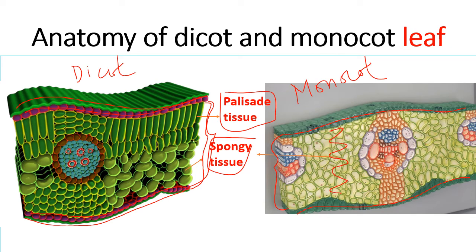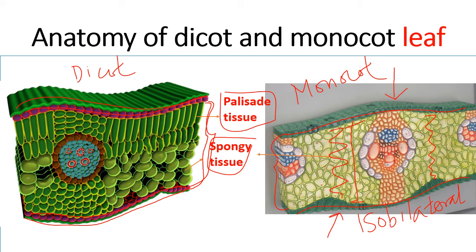Throughout the length, you can see all tissues are alike. So you can either watch the leaf from this side or from this side. It shows a similar kind of structure throughout its length, and this type of leaf is called isobilateral.